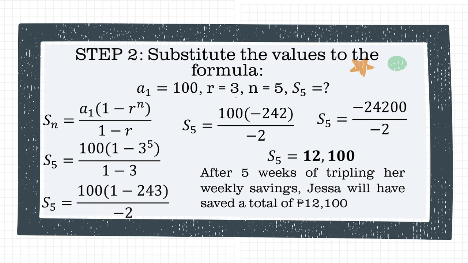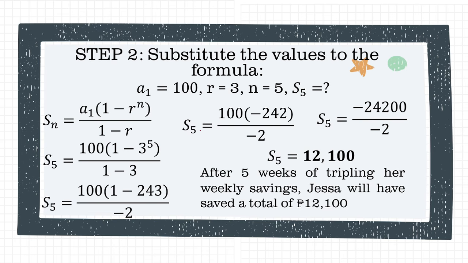Next, copy 100, copy 1, copy the minus sign. 3 raised to 5 is 243. Then 1 minus 3 gives you negative 2.